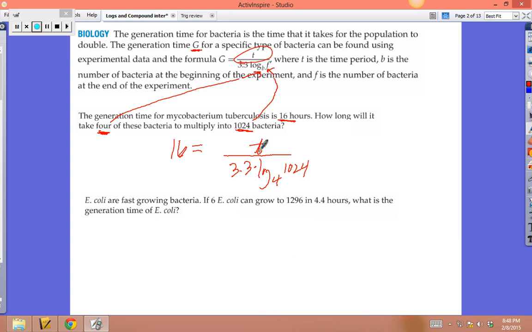So now we've got to get T out by itself, but T is just the numerator of a fraction, so that's pretty easy to undo the denominator. So just multiply both sides by 3.3 times log in base 4 of 1024, and that will give you the time. So let me type it in and see if we get the same answer.